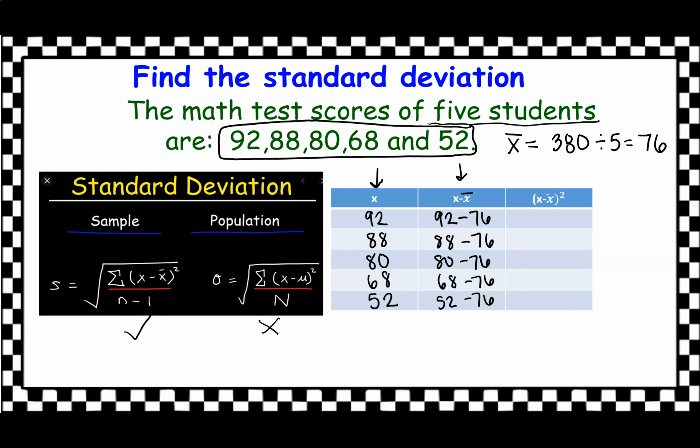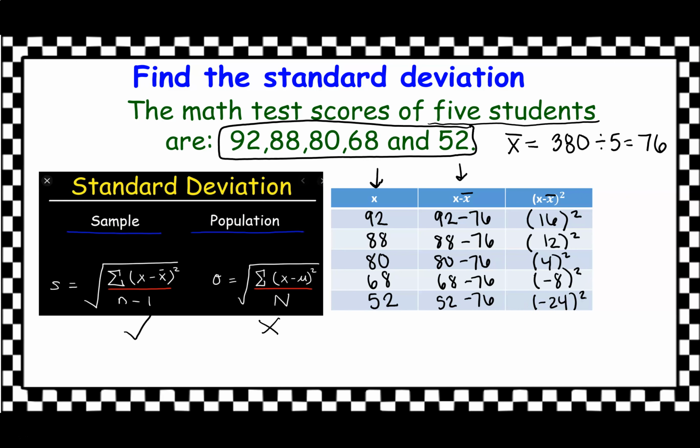Well, I go ahead and do that subtraction, and I'm going to have, in this case, 16, which I'm going to square. And then here I've got 12, which I'm going to square in a second. 4 squared, negative 8 squared, and negative 24 squared.